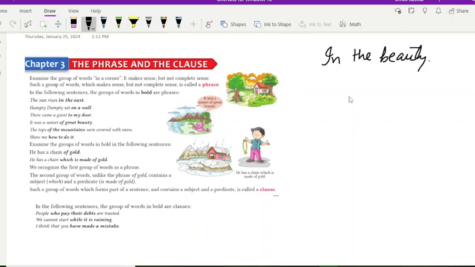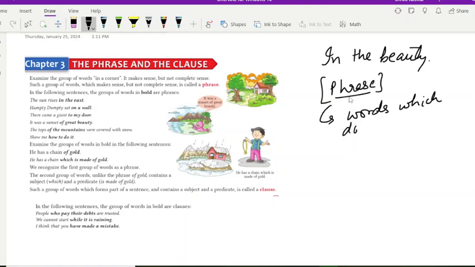In the first three chapters we learned that a sentence is a group of words which makes a proper sense. So this is a group of words, but is this group of words making a complete sense? No, right? That's why here comes the introduction of the concept of phrase. A phrase is a collection of words which does not make complete sense, okay?